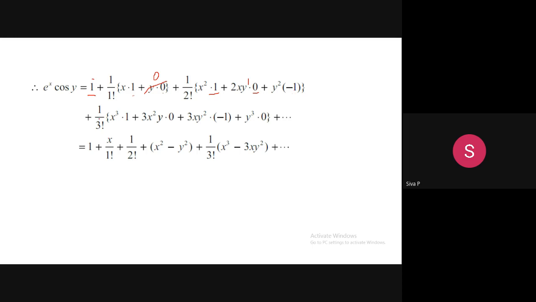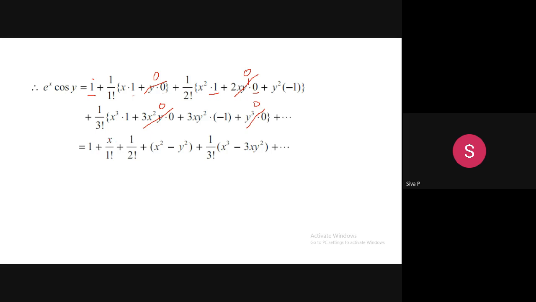That is, second order is over. Third order. Therefore this term is 0. Third order is 1 by 3 factorial x cubed plus 3x square y plus 3xy square minus 1 y cubed. So here it is 0. This is also 0. Okay, the other terms will come.